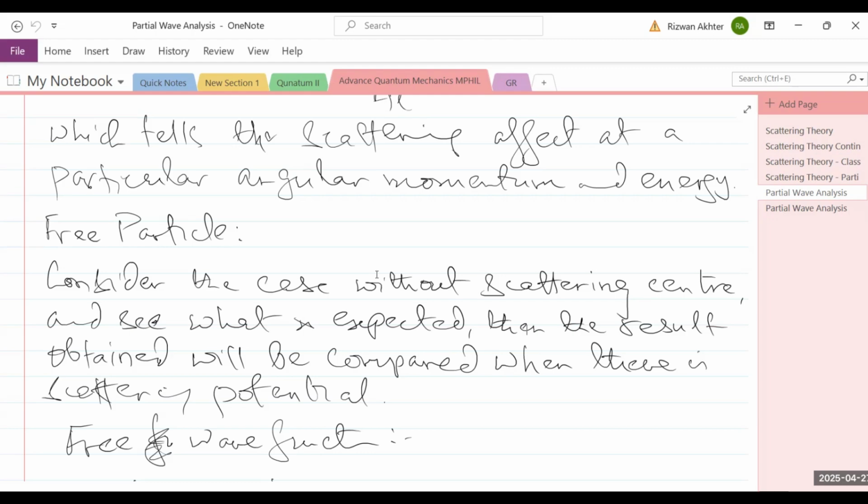So we would have a contrast between the two results. One is the result which we will find now, that is the scattering without the scattering center, and the other one would be the one where we study scattering in the presence of the scattering center, and then we compare these two results.